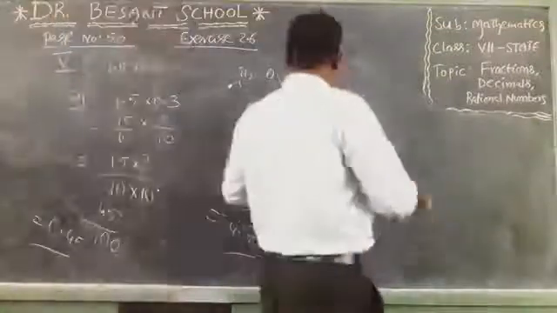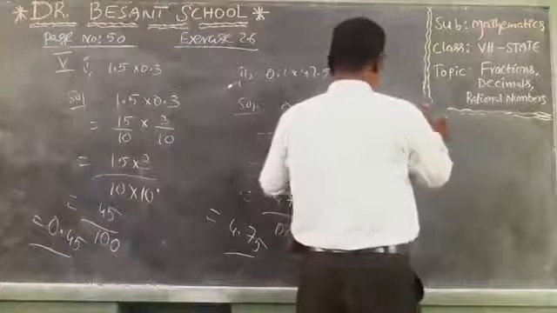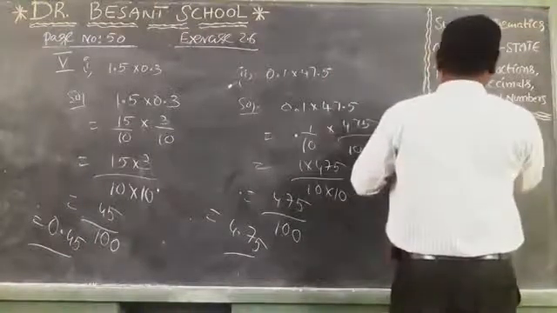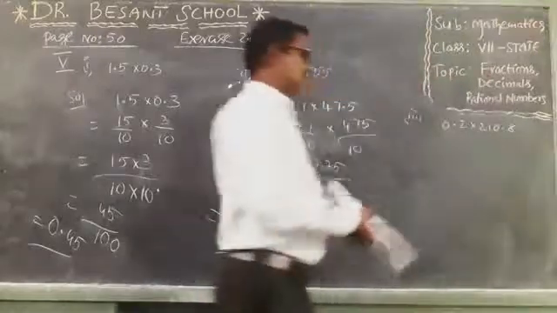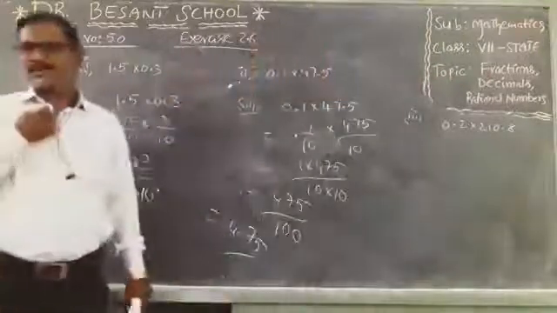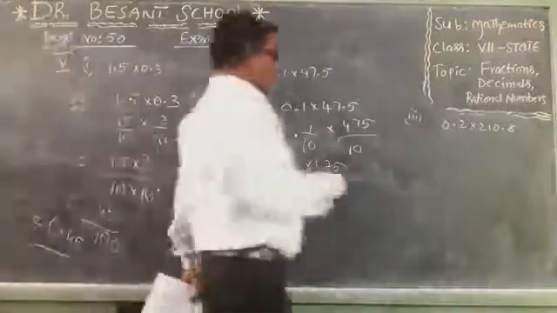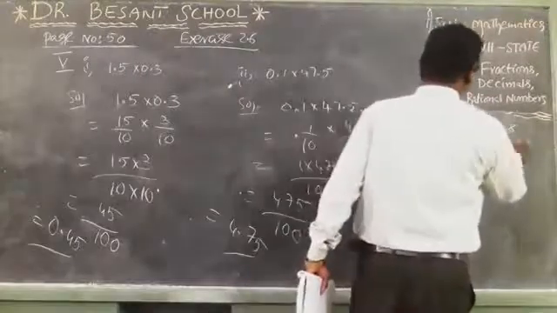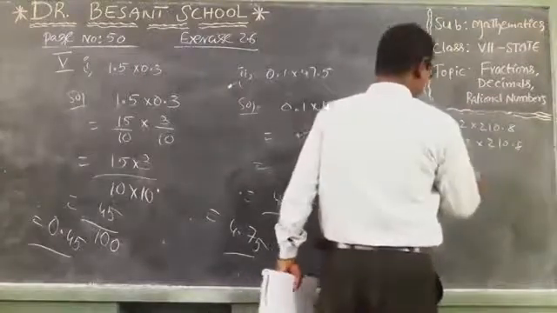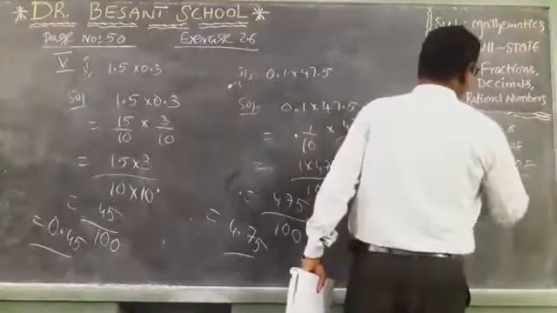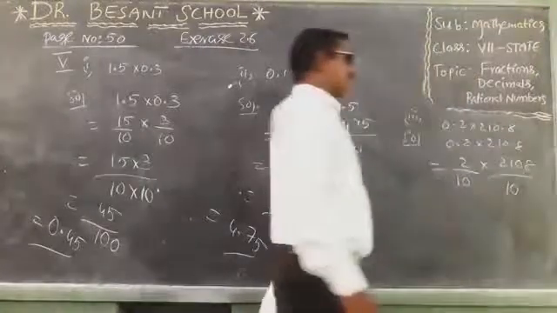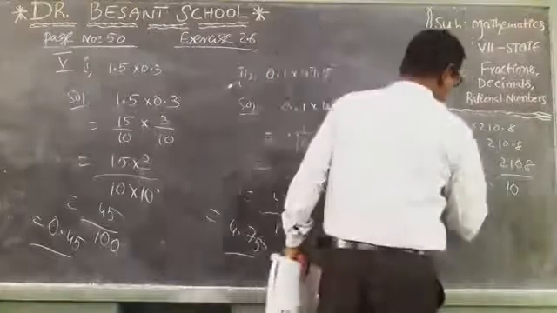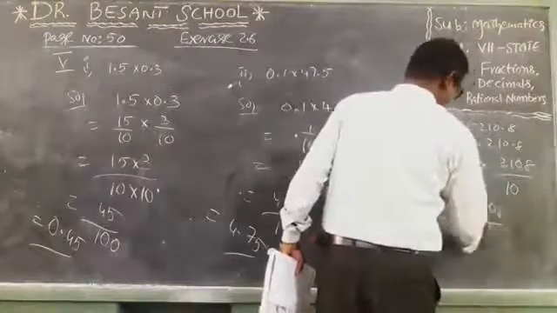Come to the next one, third one from this Roman. This is 0.2 into 210.8. 0.2 means 2 by 10. 210.8 means 2108 by 10. So this is 2 into 2108 by 10 into 10.